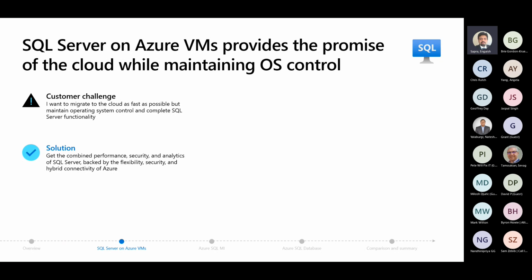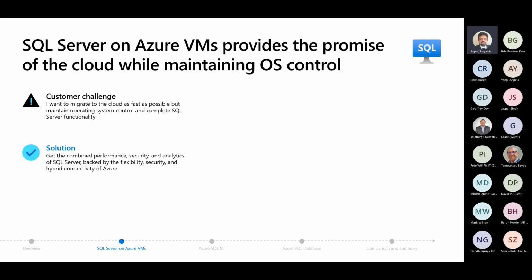In such a scenario, of course, the challenges they are facing are that the contract on my hardware is expiring. I have instances of SQL 2008 and 2008 R2, which are obviously legacy. I want to migrate to the cloud as fast as possible. I use third-party software that needs OS level access. I have dependencies on certain services like SQL Server Reporting Services, and I want to extend our on-prem apps to Azure.